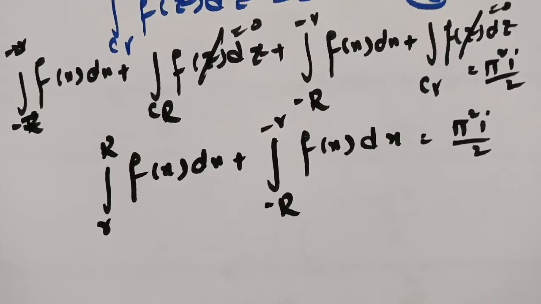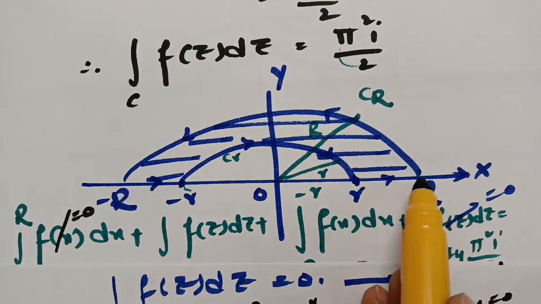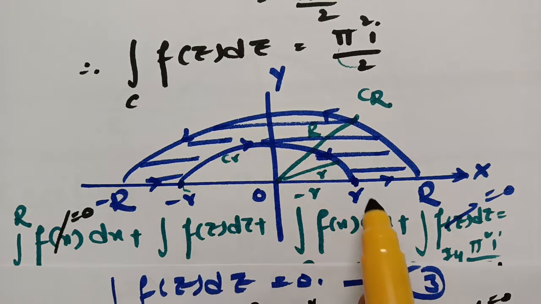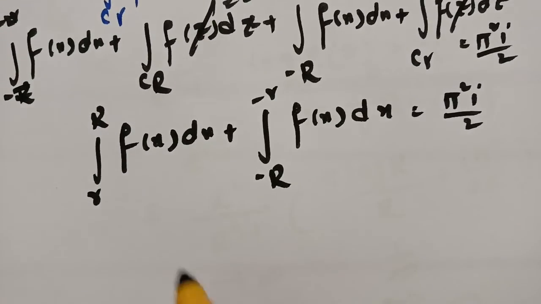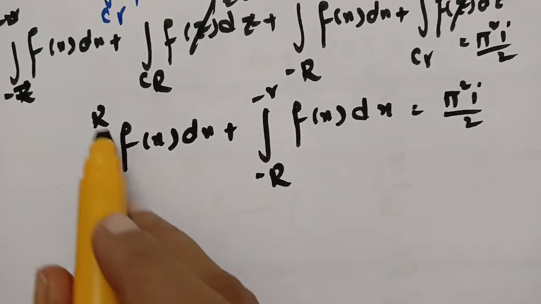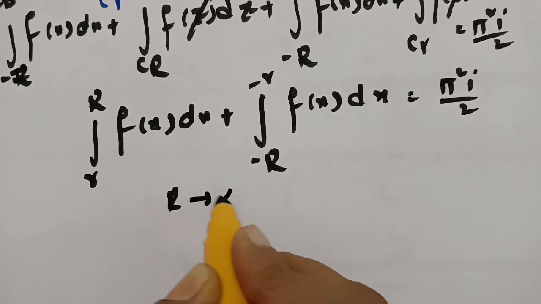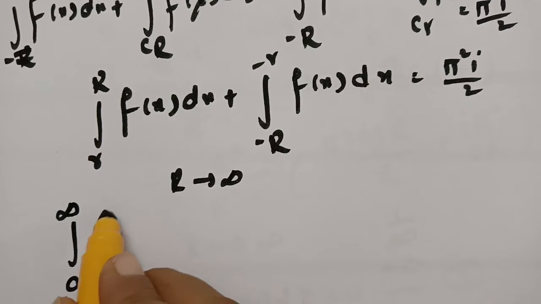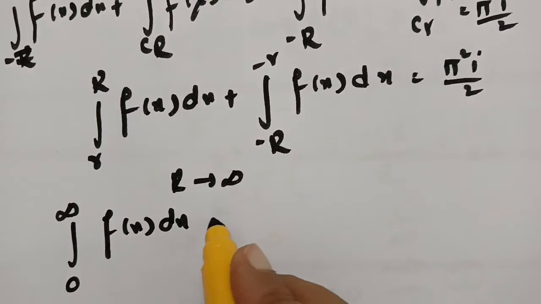So in general, capital R to small r is in one direction, and this is in the opposite direction. As capital R tends to infinity and small r tends to 0, this will be 0 to infinity of f(x) dx, as this is in the opposite direction.